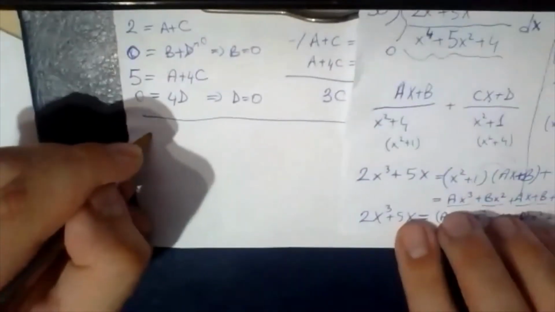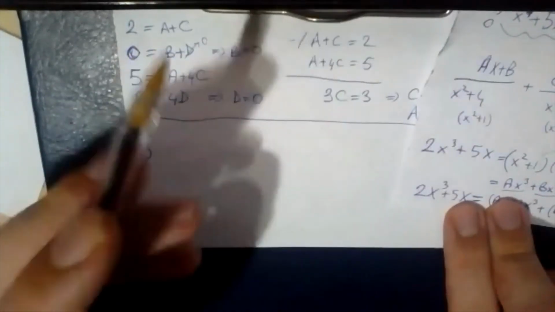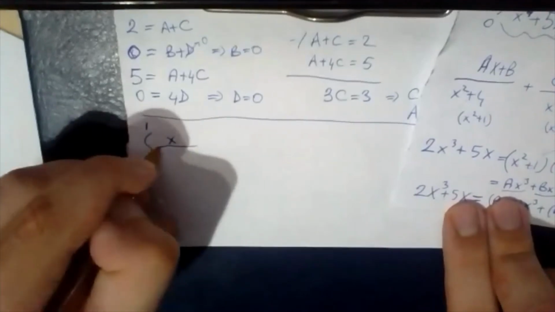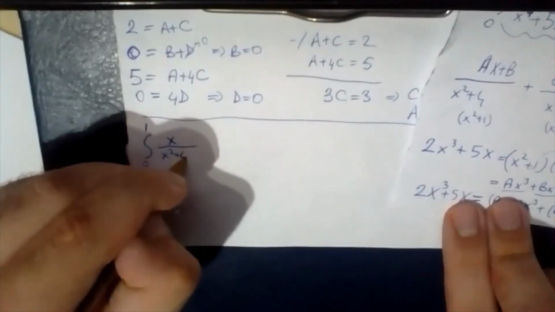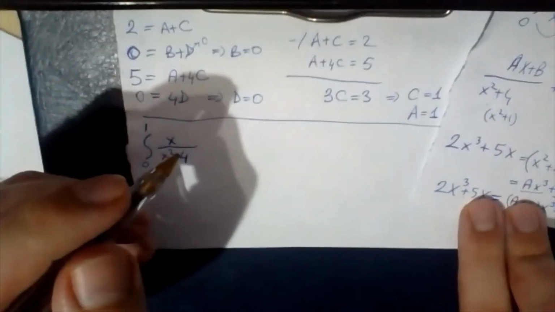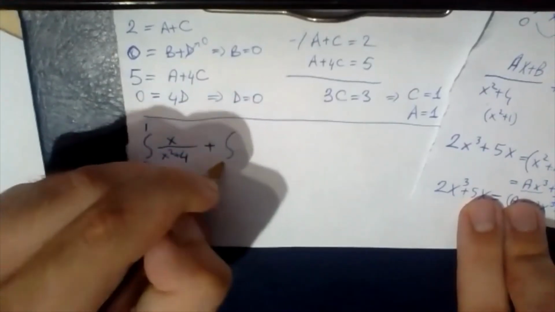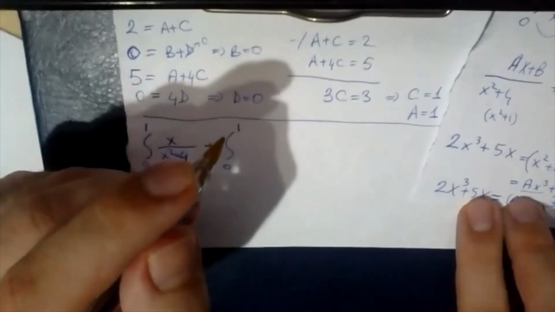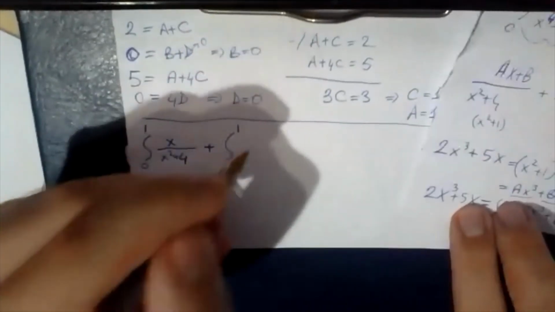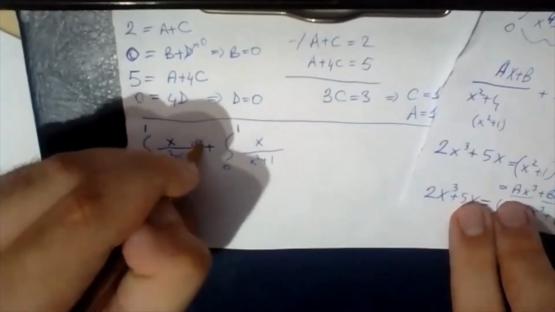What does it mean? Our integral will become the integral from 0 to 1 of (ax plus b), where a is equal to 1, b is equal to 0, so x over x squared plus 4, plus the integral from 0 to 1 of (cx plus d), again c is 1, d is 0, x over x squared plus 1 dx.